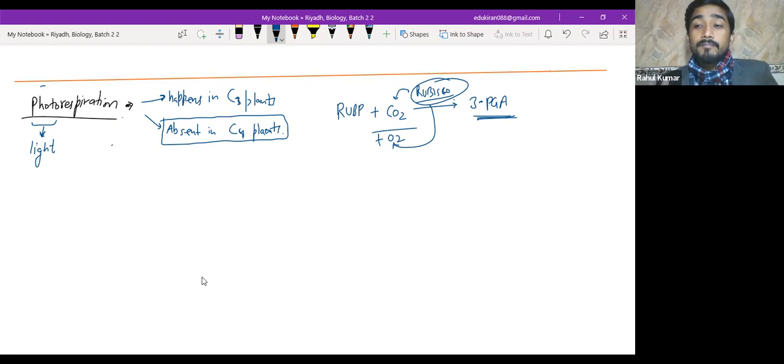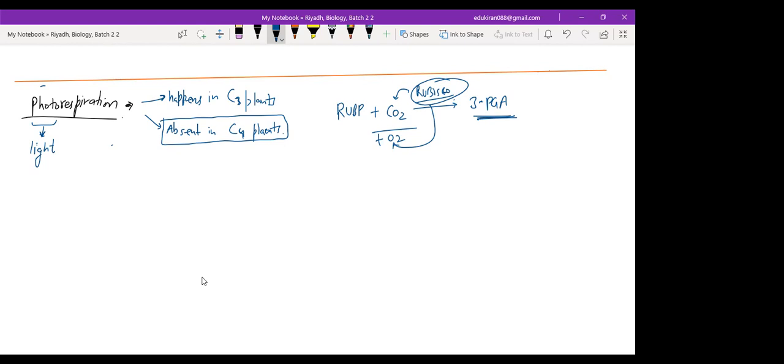Because we have to make energy from food, correct? Photorespiration does not even make any energy, but still happens. So the detailed molecular mechanism of it is still not completely known. A lot of research is still going on, but you have to understand all these points. Is everything clear till now? Yes, sir.